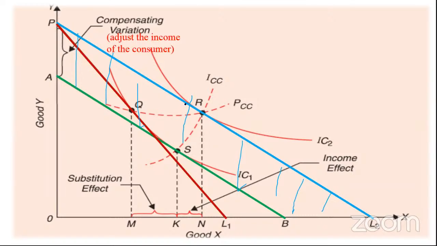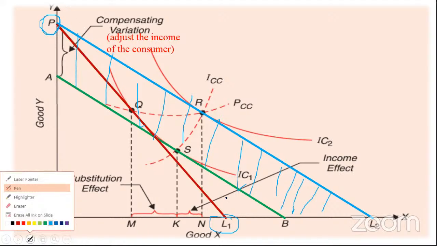Sir, this is clear up to this point, very good. Why are we not drawing the same parallel line to PL1? It is possible. When we draw parallel to PL1, how will it be affected? For example, I am drawing the same parallel line to PL1, in brown color.